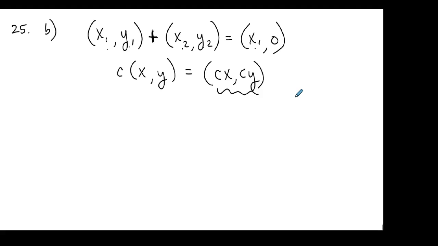So thinking about the 10 axioms, will all of them be satisfied under these conditions? Well, I'm going to focus on axiom 4 this time. If I can come up with a vector, so let me choose a vector 2, 3.